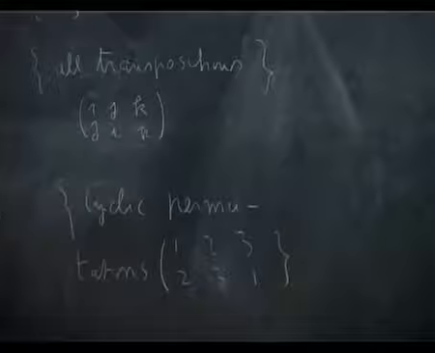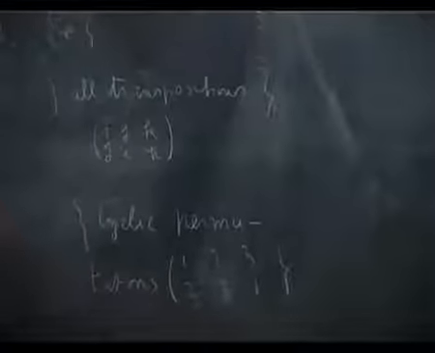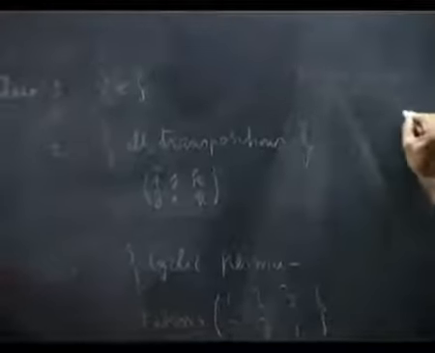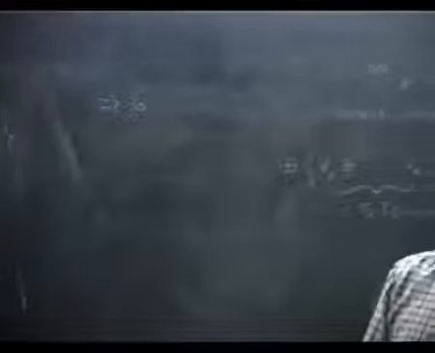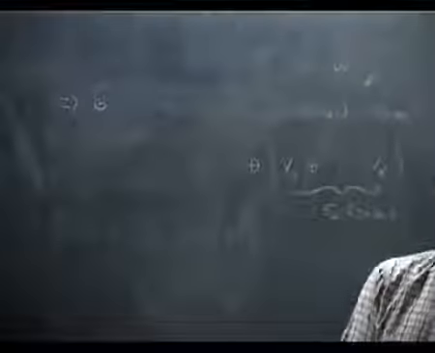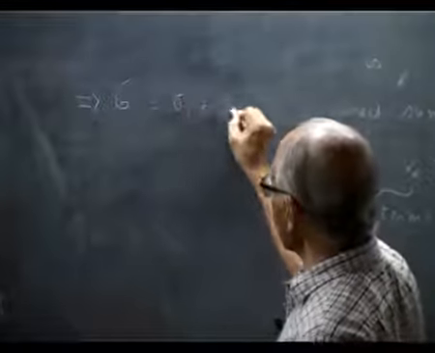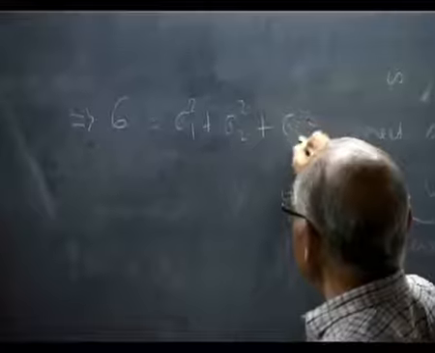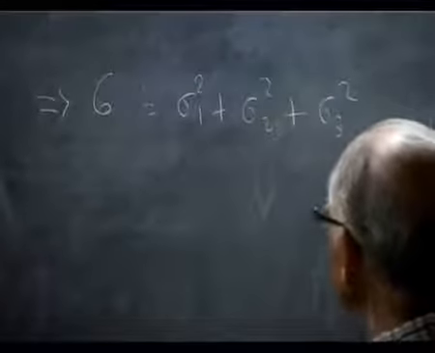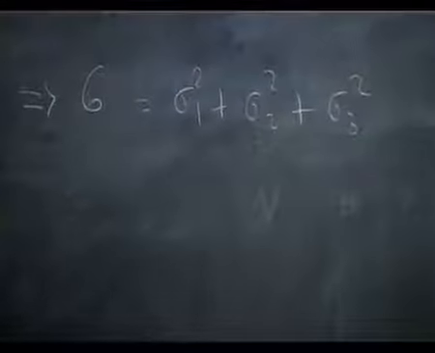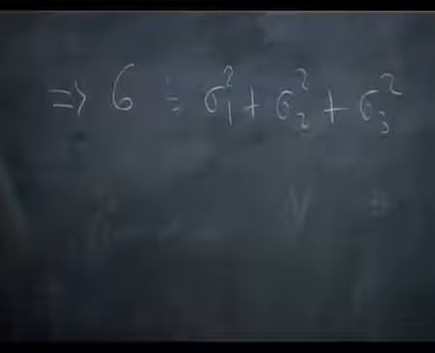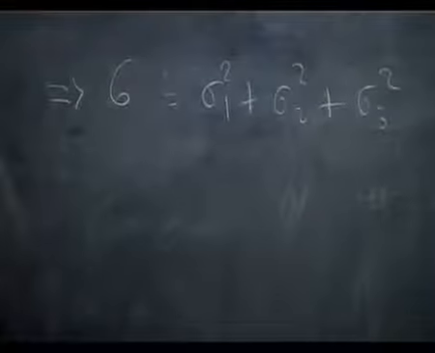I will show it to you momentarily, but just to see how these things go, we find some rule. We know the order of the group is 6. There are 3 classes. So write this equation: sigma 1 squared plus sigma 2 squared plus sigma 3 squared equals 6. I use both those results.